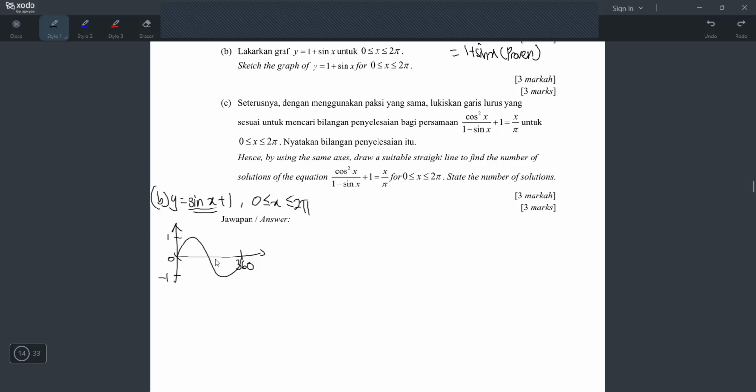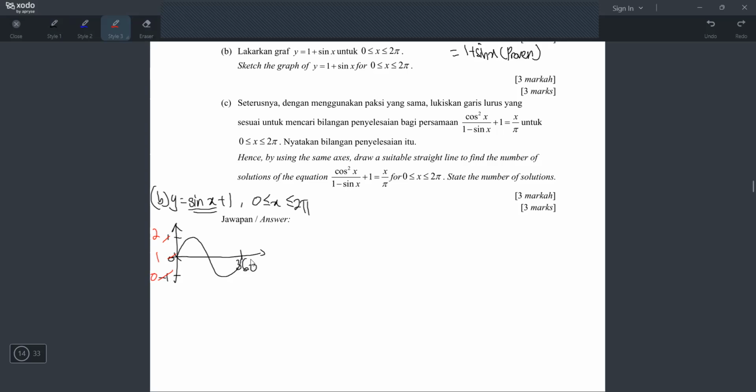But the question wants you to do +1. So how do you do +1? You take all these values here and add 1, +1, +1. So 1 plus 1 is 2, 0 plus 1 is 1, -1 plus 1 is 0. It means you are taking the whole graph and moving it up 1 unit. So can you tell me where the x-axis will be?